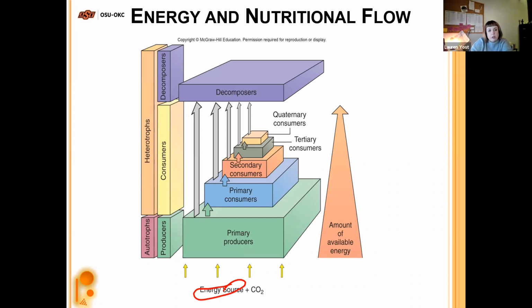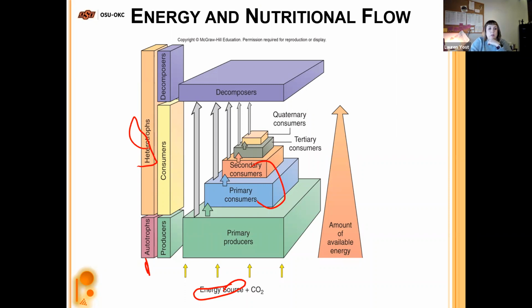So we're going to break these terms down, but autotrophs are going to be making their own energy. And then we have things like the heterotrophs that have to consume something. So anything that says consumer over here is a heterotroph, okay?